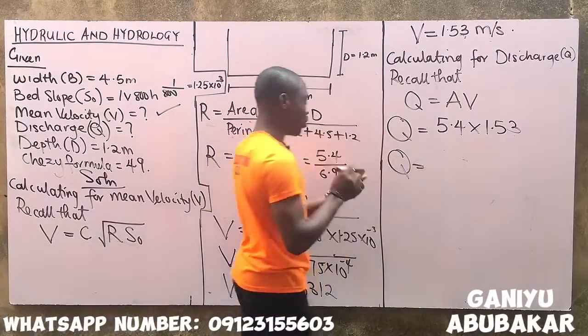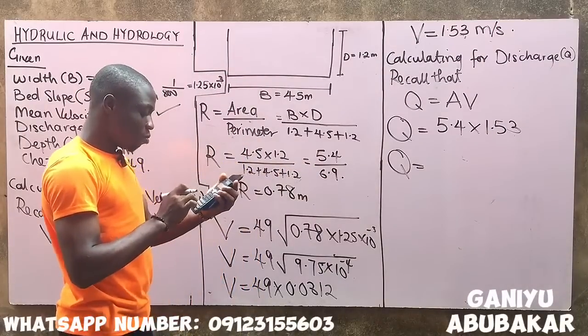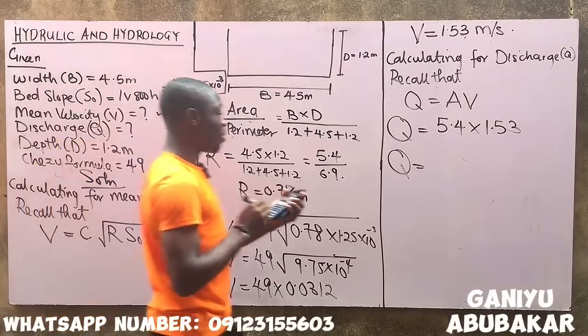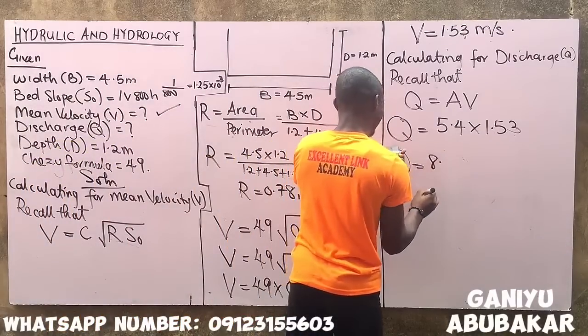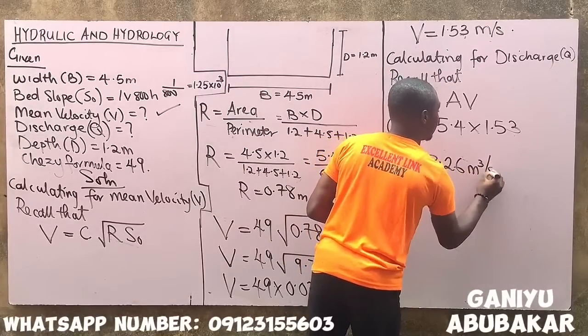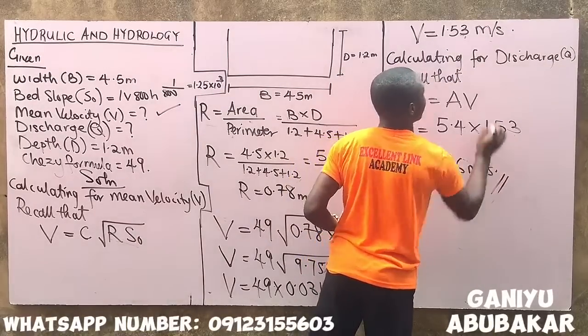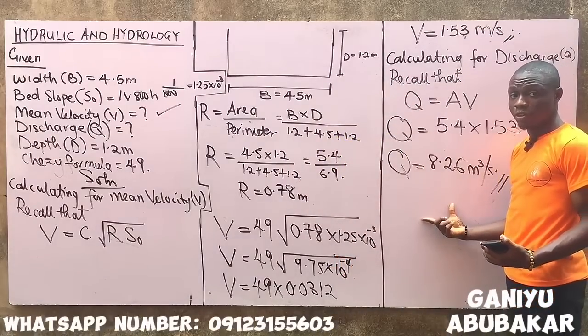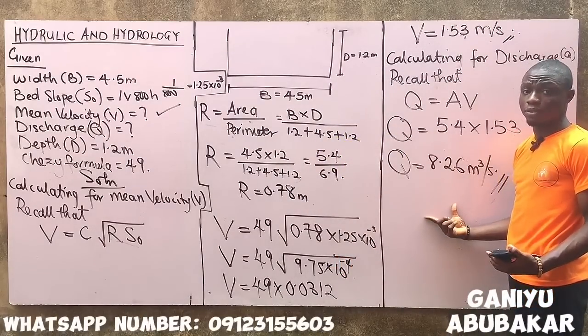I'll have 8.26 cubic meters per second as my value after looking for the discharge for this given question.